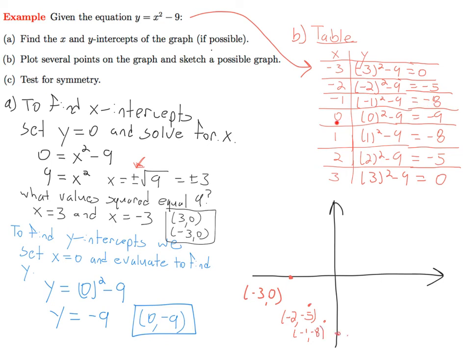When x was equal to 0, y was equal to minus 9. When x was equal to 1, y was equal to minus 8. When x was equal to 2, y was equal to minus 5. When x was equal to 3, y was equal to 0.